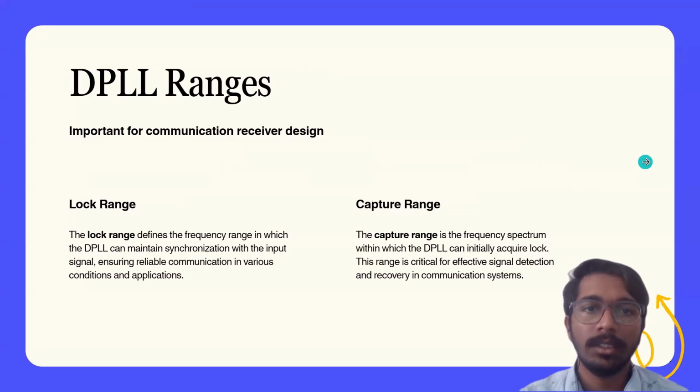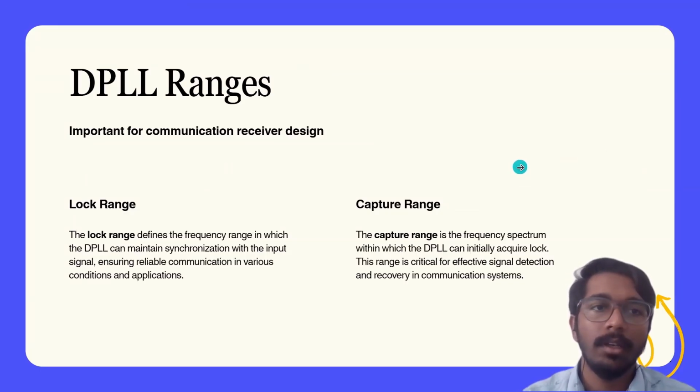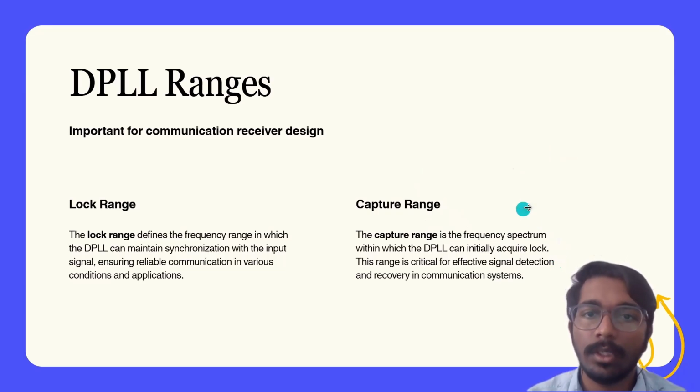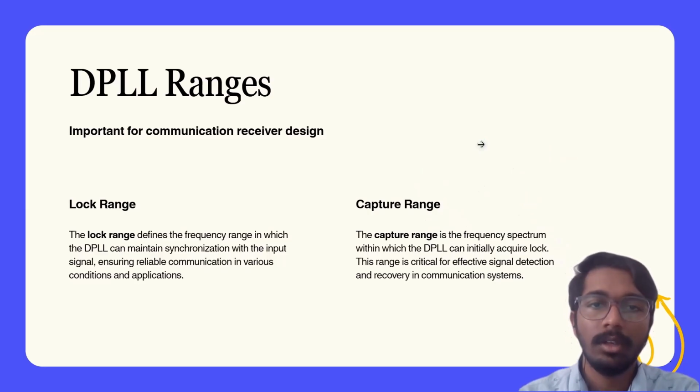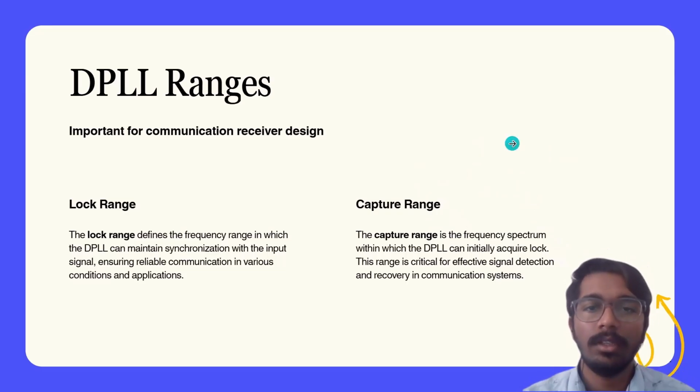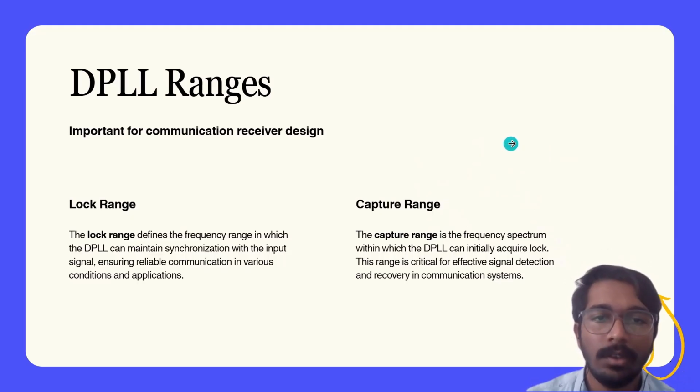Now let us discuss two important concepts in DPLL: capture range and lock range. The capture range is the range of input frequencies over which the DPLL can initially acquire lock. In other words, if the frequency difference between the input signal and the NCO is within this range, the loop will eventually synchronize.